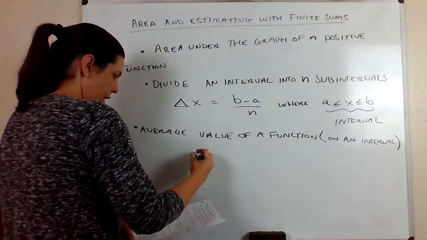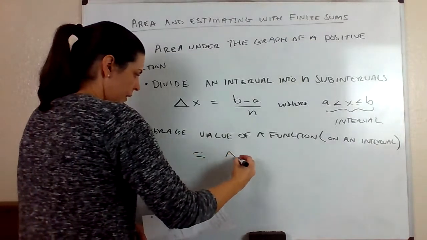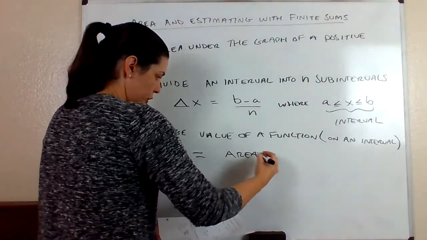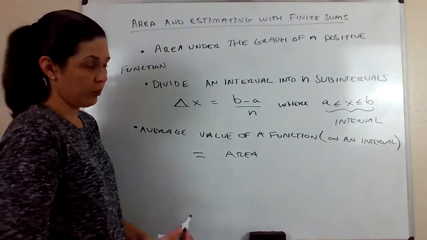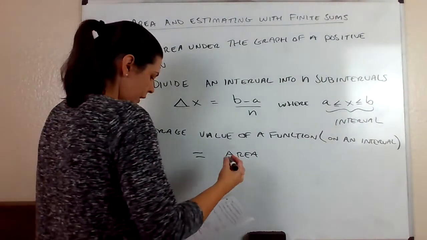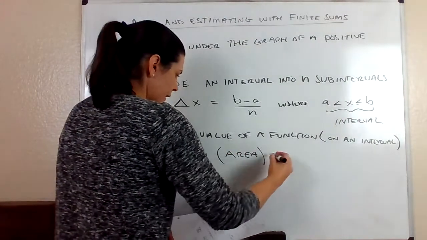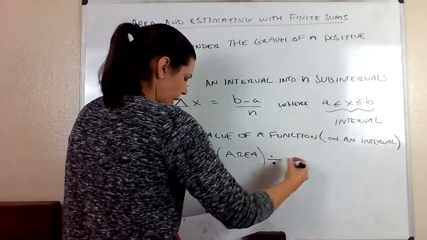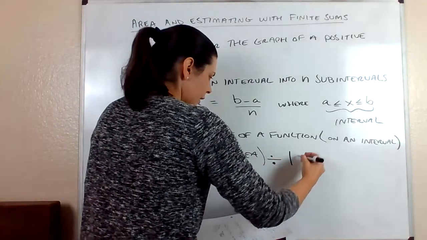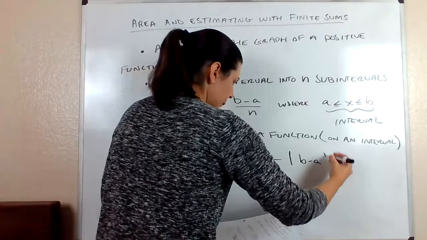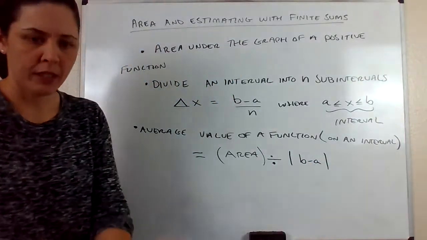It equals the area, which is what we're going to be computing with our rectangles, and we're going to divide that by the absolute value of b minus a.